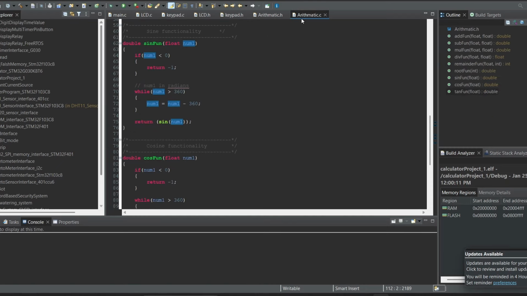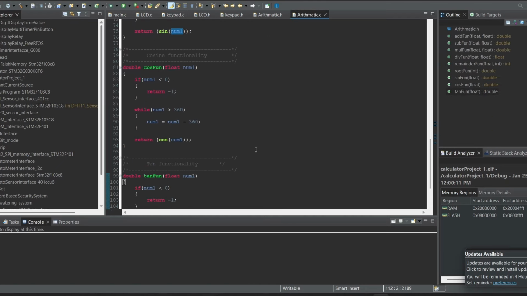Go to our arithmetic functions in arithmetic.c. If the number is less than 0, we are simply returning minus 1. If the number is greater than 360, we subtract 360 from that number and store it in the same number, then check again whether it is greater than 360 degrees. If it is, we do this again.